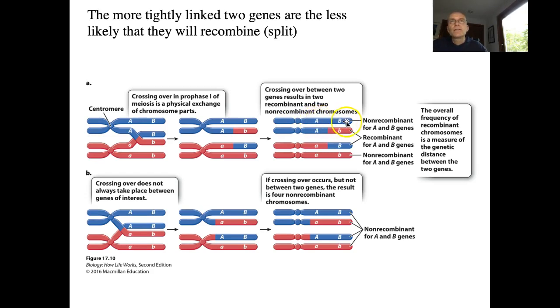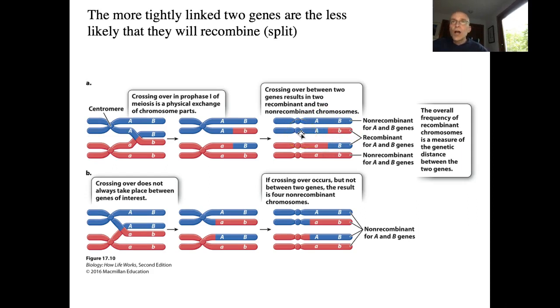They can be together, or the little a, little b can be together, or the big A and the little b, or the little a and the big B. These are the recombined ones. These were the parent ones, the blue or the red, and these are now the recombined ones.